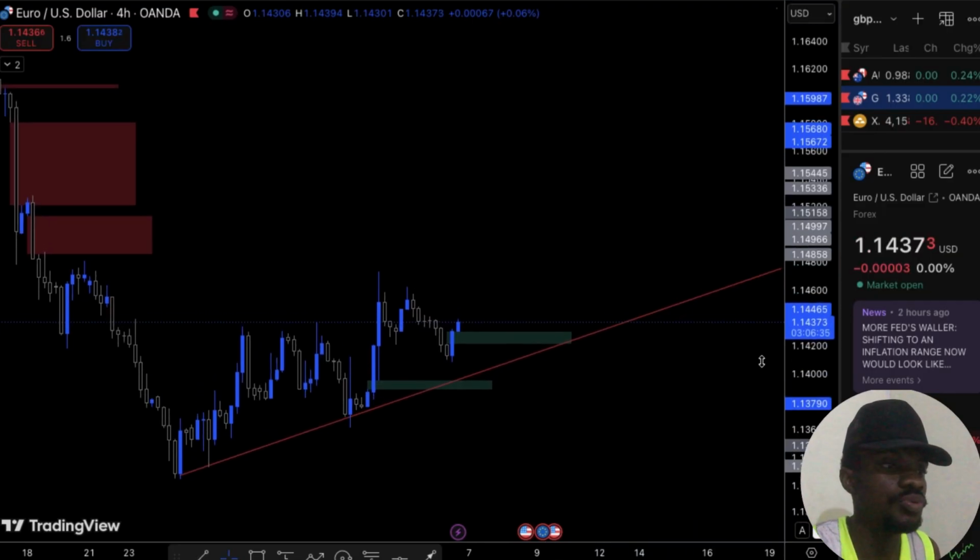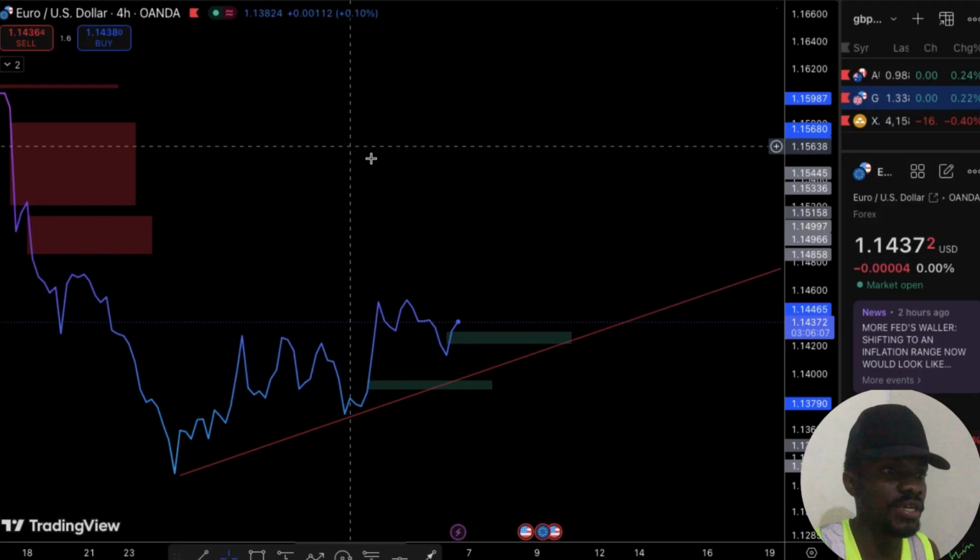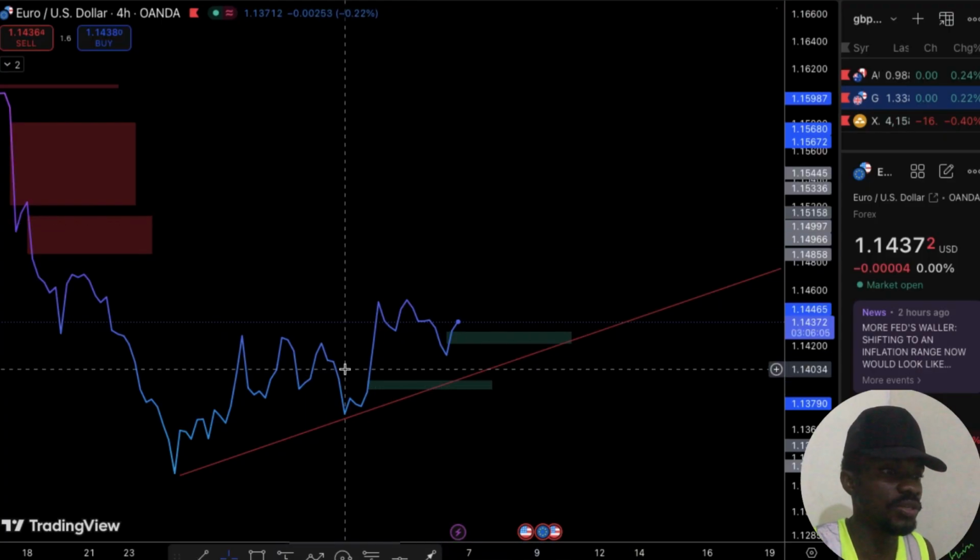You go to this one. I mostly use this so that I can draw it in a way that I'm making sure the wicks are not sitting on the trend line. The wicks are basically rejection, so we don't want to include the wicks when we're drawing the trend line. So what I do is use the line instead of the candle. With this, boom, you can see it, very simple.